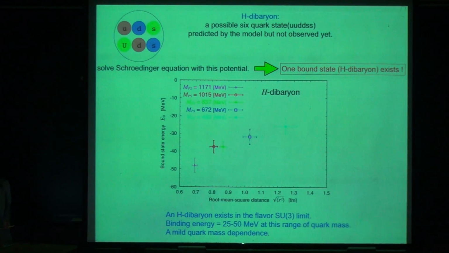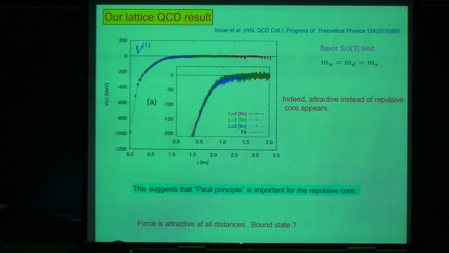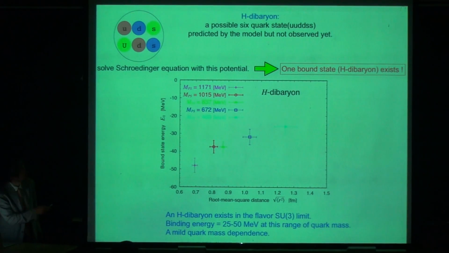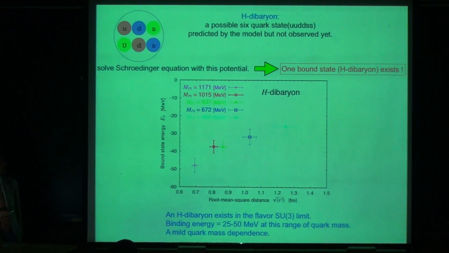And using this potential, we calculate the Schrödinger equation, and found one bound state indeed exists. Our calculation still contains some limitations, like the pion mass is much heavier than the experimental value, and so on. But by changing the pion mass in our calculation, we always observe the bound state, with binding energy from 25 to 50 MeV.